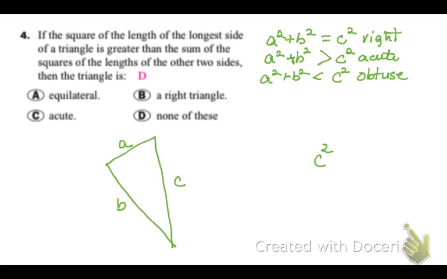The square of this side is A squared, the square of this side is B squared, and it wants the sum. So A squared plus B squared is less than C squared.